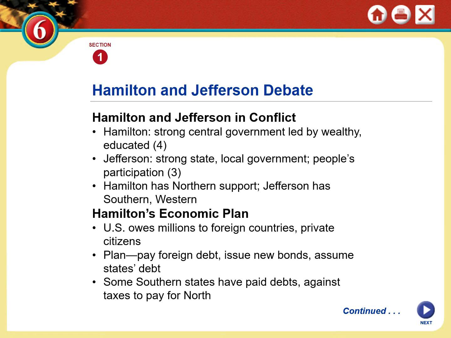But he also believed that this government should be led by the wealthy and educated who could act on behalf of their less talented and gifted brethren. Thomas Jefferson strongly disagreed with this belief.